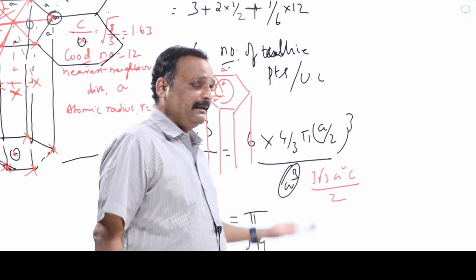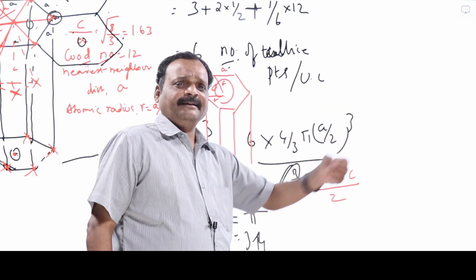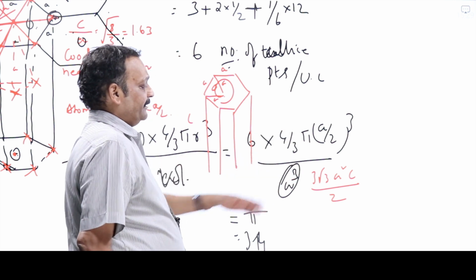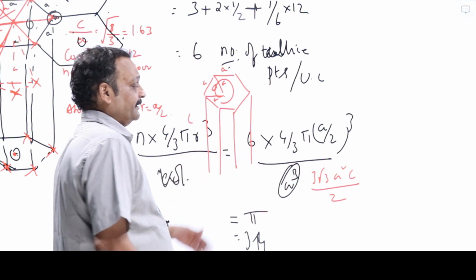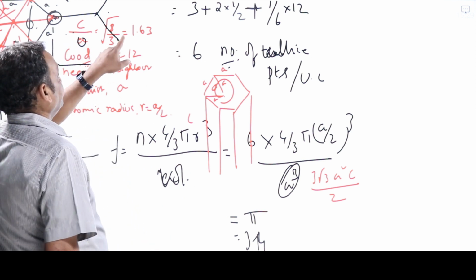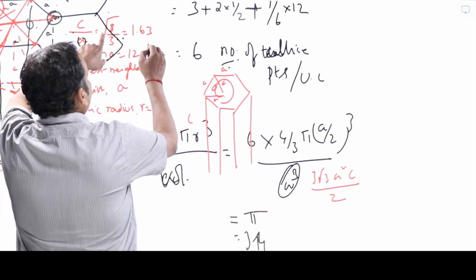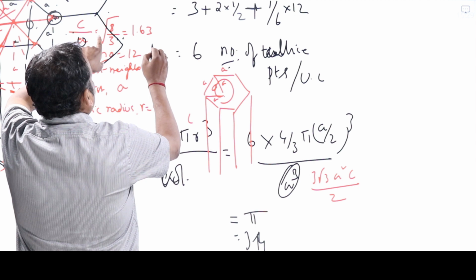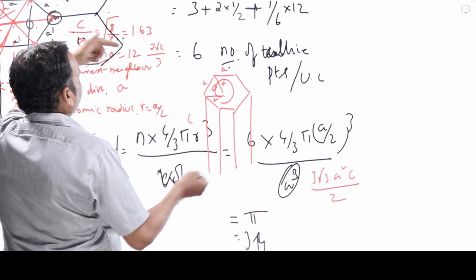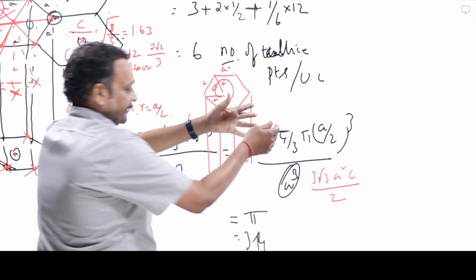Remember this, if you remember, well and good. Otherwise you can just derive it in half a minute then and there. 3 root 3 A square C by 2. If you simplify this, you'll come across the ratio C by A. The C by A ratio is equal to root 8 by 3. Root 8 by 3 means 2 root 2 by 3. A by C you will get as 3 by 2 root 2; substitute there and simplify.